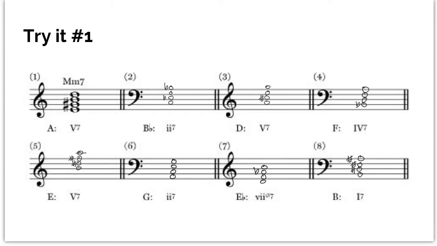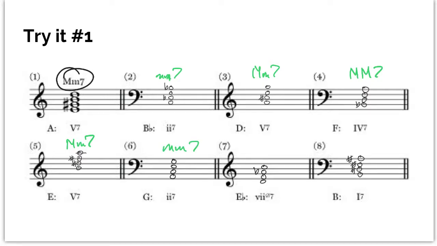Okay, then you were asked to label these with their correct names. So for example, right here, that's the major minor 7. Okay, 2-7 is a minor 7. Okay, our 5-7 is our major minor 7, my favorite. 4-7 is our major 7. 5-7, again, here's our major minor 7. 2-7 is a minor 7.